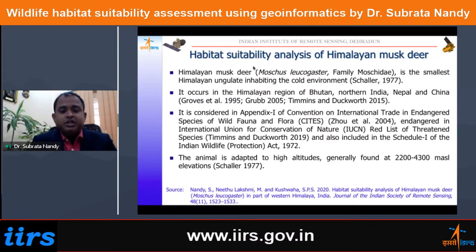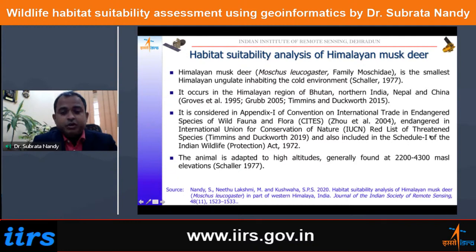As I mentioned earlier also, when you do this habitat suitability modeling, you should know everything about the species, the habit and habitat of the target species. It occurs in Bhutan, northern India, Nepal, China, and is listed in Appendix 1 of CITES and declared endangered by IUCN.